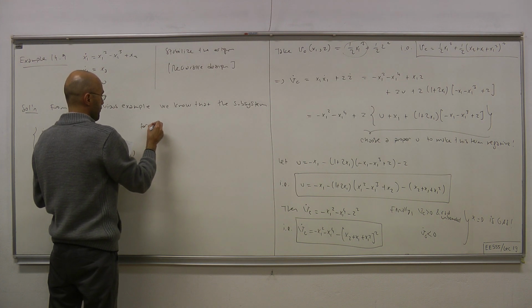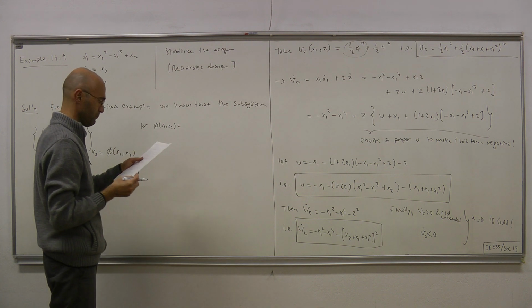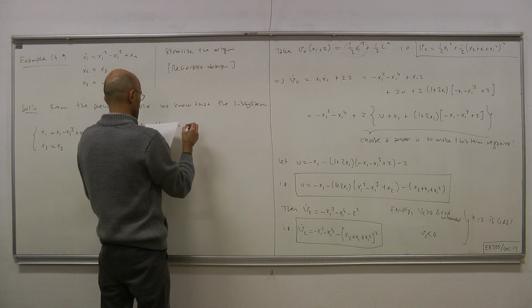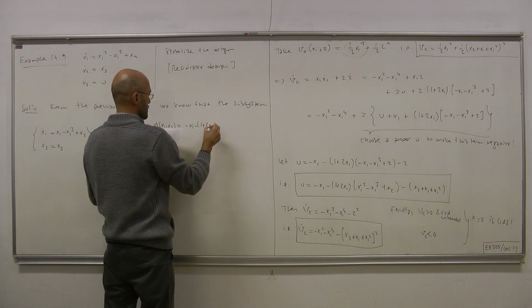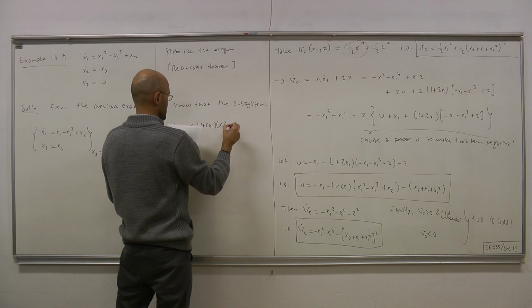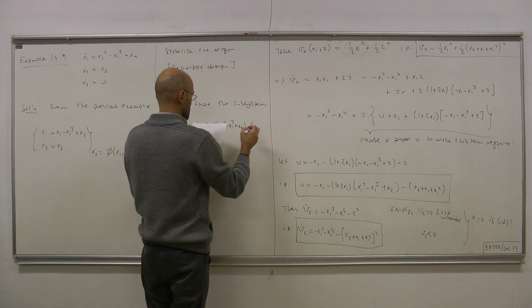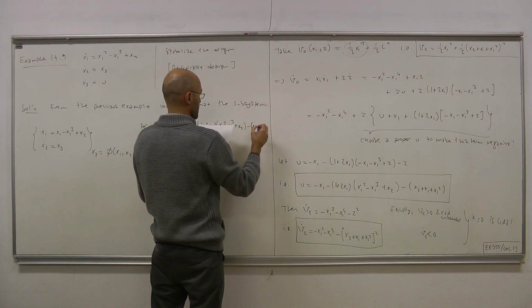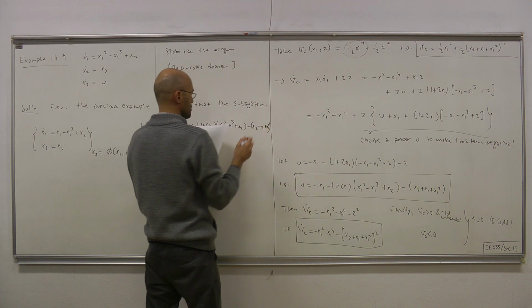phi of x1, x2 equals minus x1 minus (1 plus 2x1) times (x1 squared minus x1 cubed plus x2) minus (x2 plus x1 plus x1 squared).